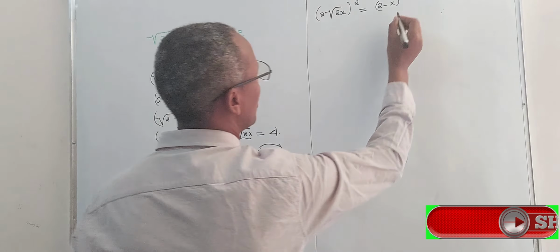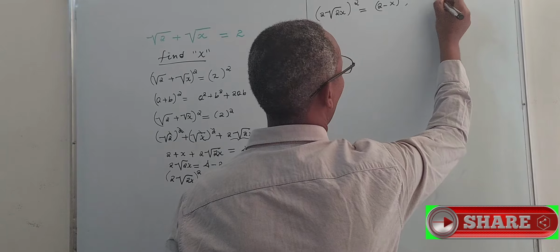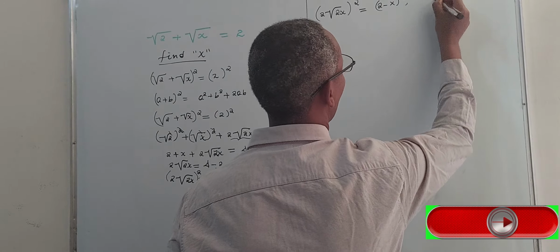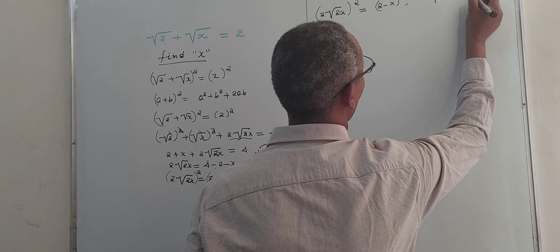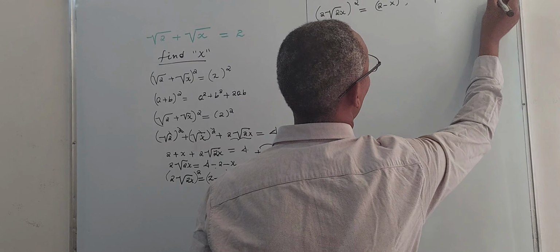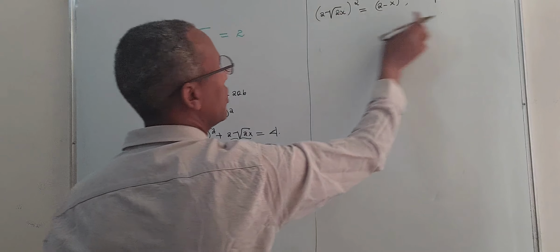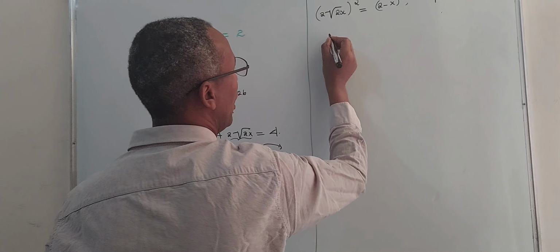Then using this relationship, the square root of a multiplied with b is equal to the square root of a multiplied with the square root of b, you can use this relationship to find this expression.